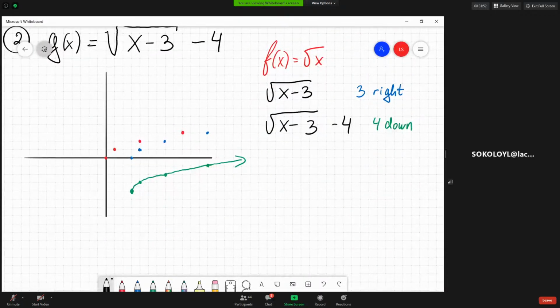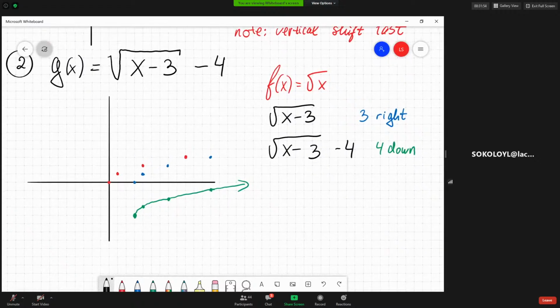Here, both the domain and the range are affected. And we can also, again, based on the graph, be able to figure those out. So the domain of g, it's not going to be all real numbers because the original function is not all real numbers. And from the graph, we can see, well, where do our x values start? Our x values start now at 3 because everything got moved 3 units to the right. Instead of starting at 0, it's going to start at 3 for the domain and go all the way to infinity.